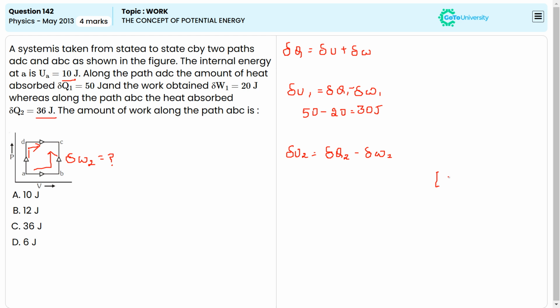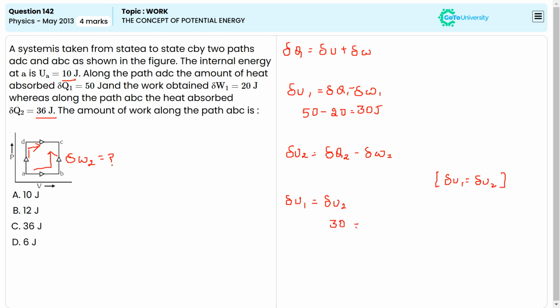And this value we know, that is 30. Delta U2, I am going to take as 30 now.